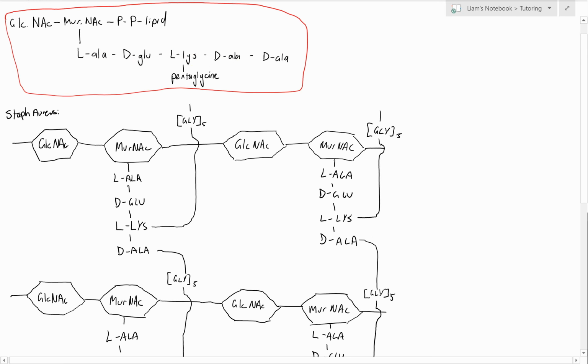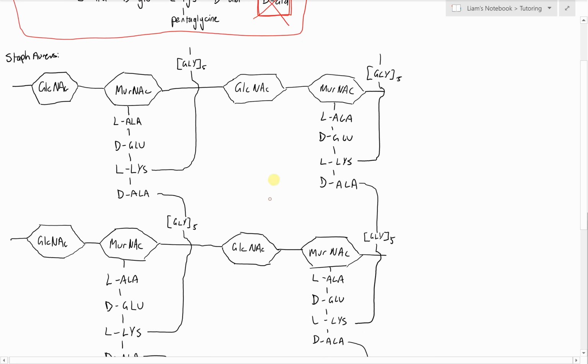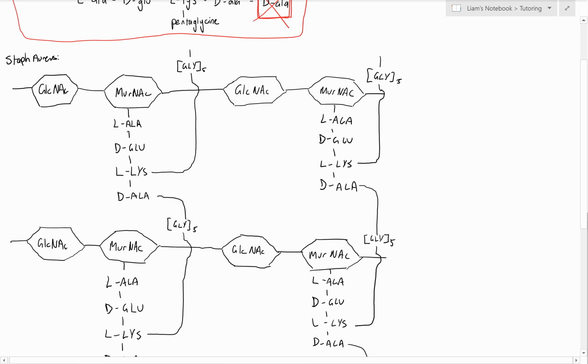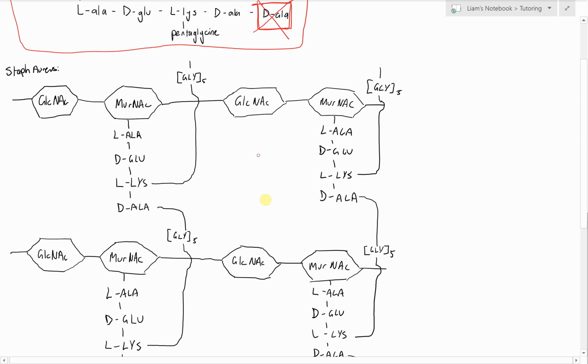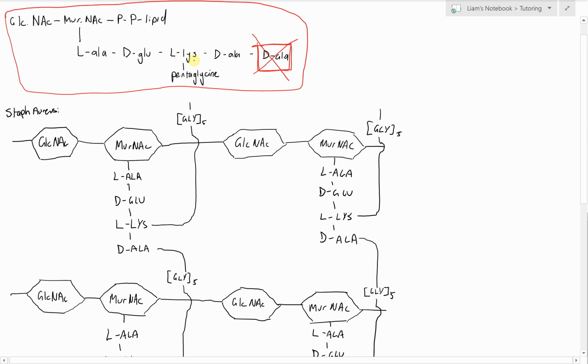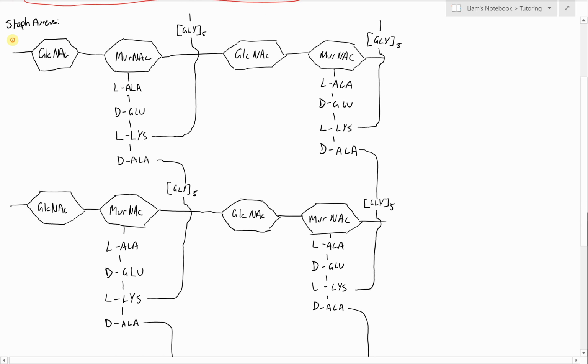What's important here is this terminal D-alanine, this guy right here, that's chopped off by the enzyme that stitches this cell wall together. It's chopped off and attached to the glycine residue that's attached to the pentaglycine here, to the lysine. So this is one of our building blocks. If I can circle that, if that makes sense.